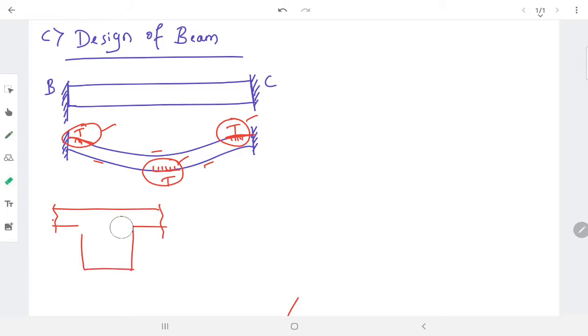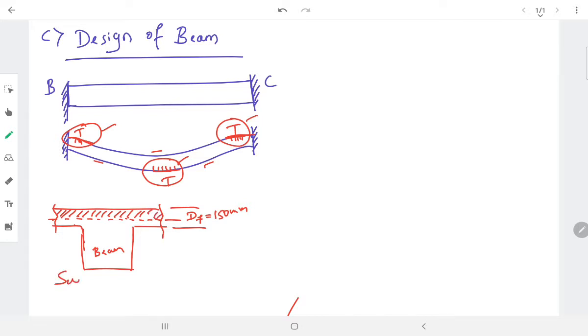So actually this is the beam, and here this is the depth of flange, that means the thickness of the slab, it is 150 mm, and here tension is developed at the upper part near the support.